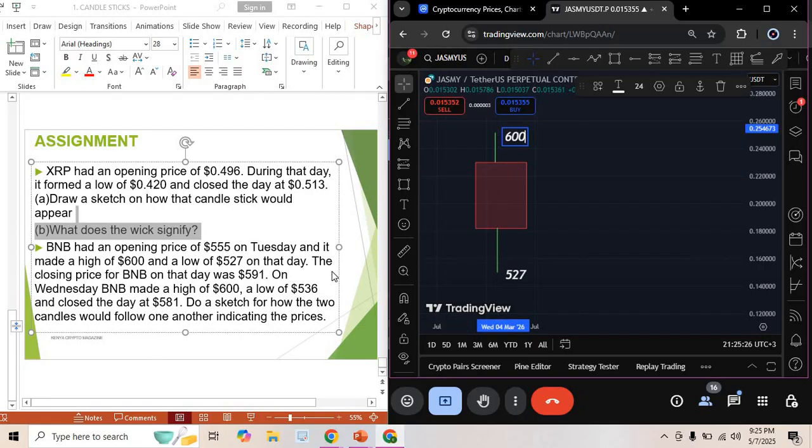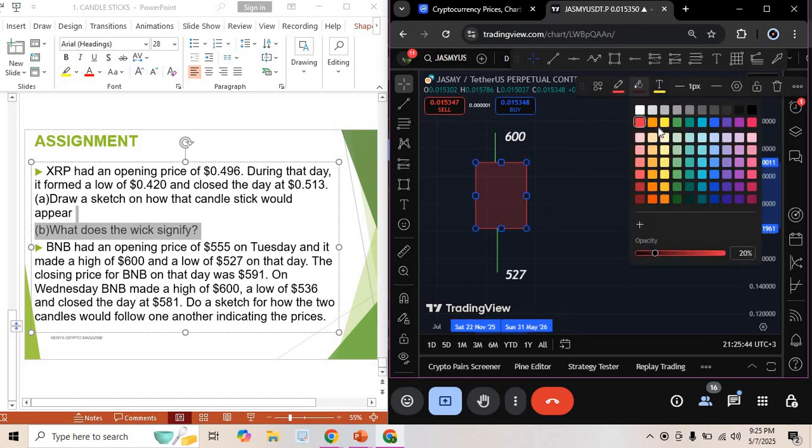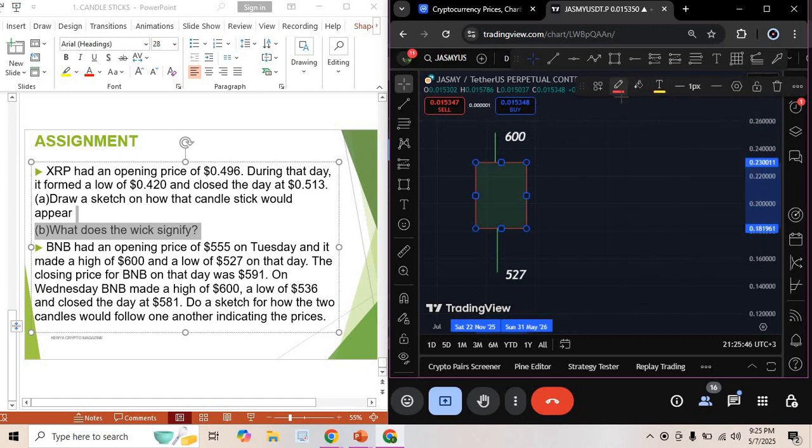Let's hold on to that. The closing price for BNB on that day was 591. So we have a closing price of 591 and an opening price of 555. The closing price is higher than the opening price, making this a bullish candlestick from the definition. So it's right to have it in green.